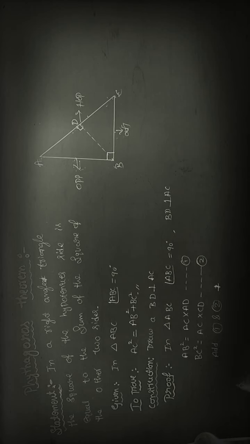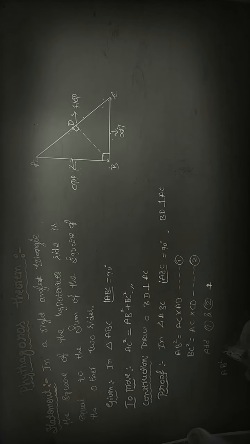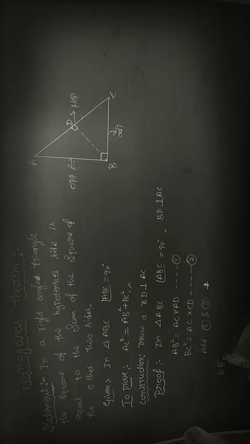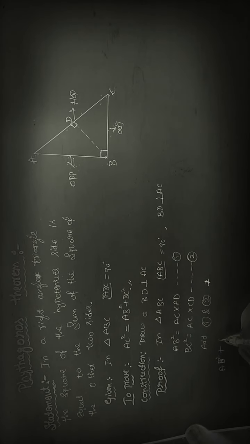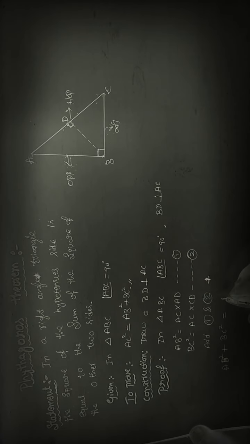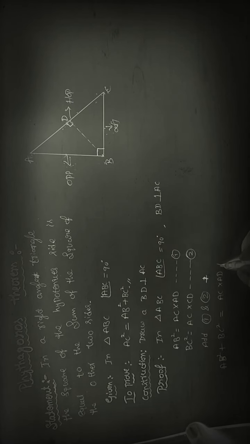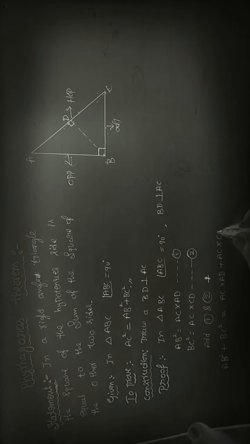Take the left hand side: AB square plus BC square is equal to, taking the right hand side, AC into AD plus AC into CD.